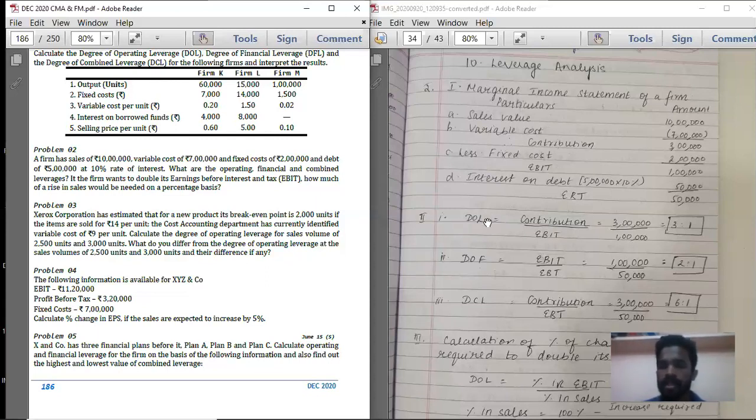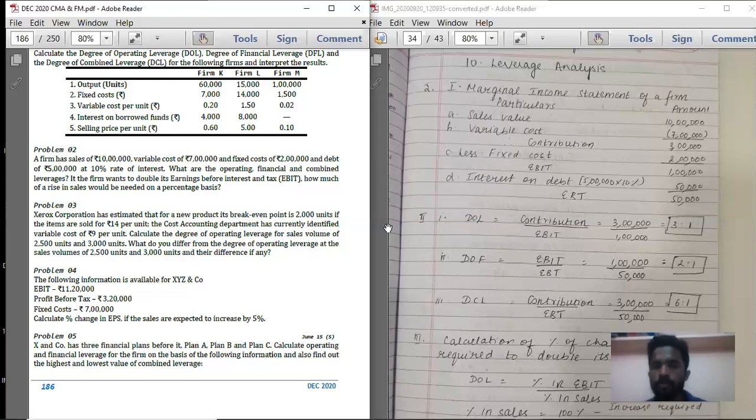Degree of financial leverage is EBIT divided by EBT. Degree of combined leverage is a combination of both, that is contribution divided by EBT, from top to bottom. This is the formula for all three leverages.